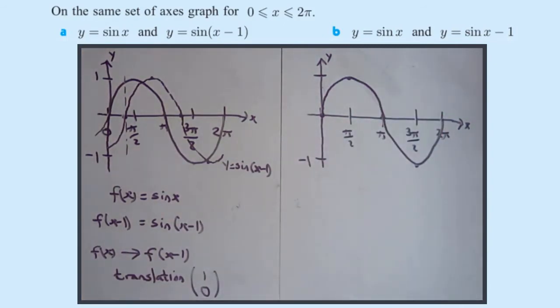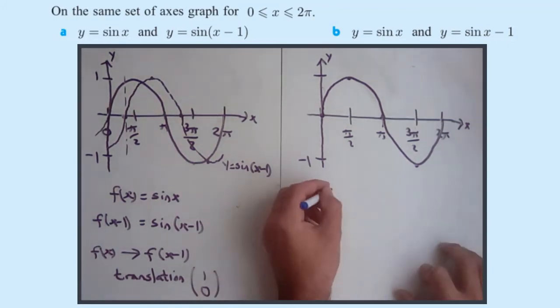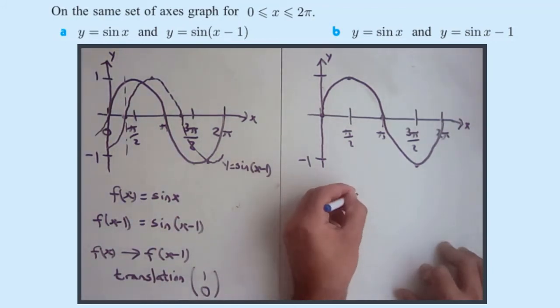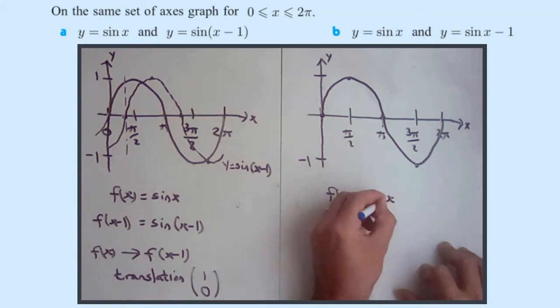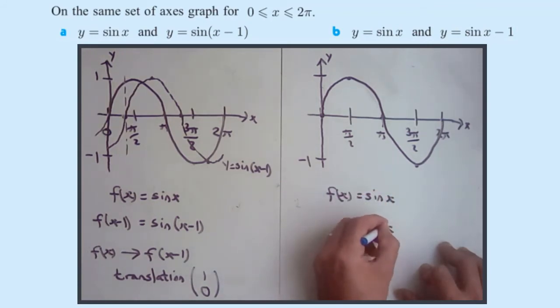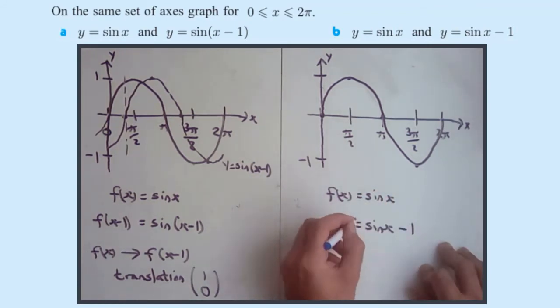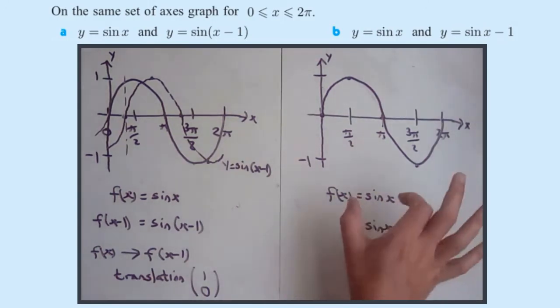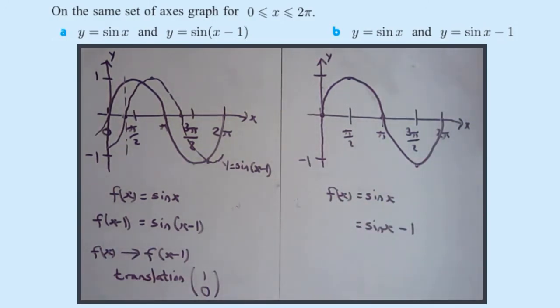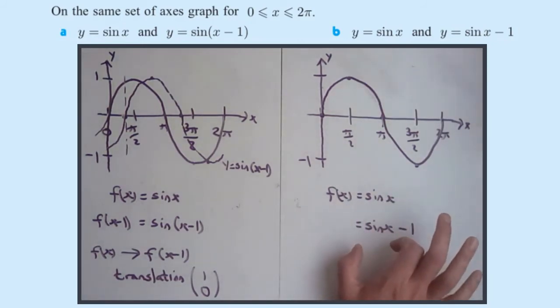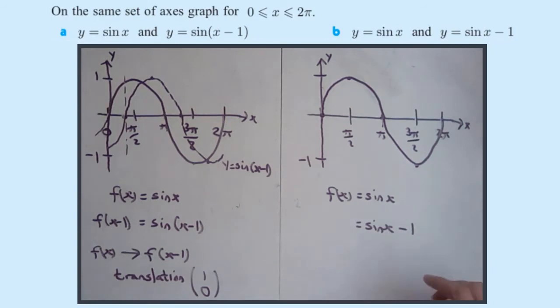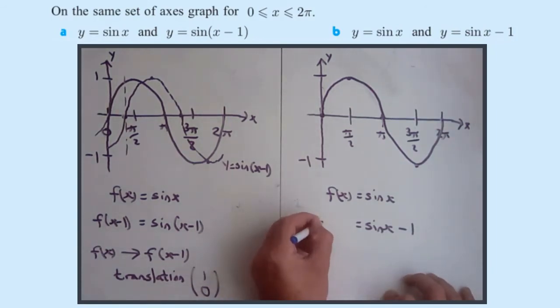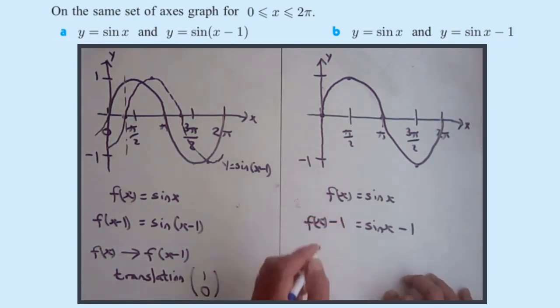So that's sine x. Then if we want to do the next bit, so say the parent function f of x equals sine x, we want sine x, and then you take away 1. Well, what's happened, remember the original function was to take an input and then take the sine of it. We've done this function now, it does all of that, and then it takes away 1. So the whole of f of x happens, and then you take away 1.